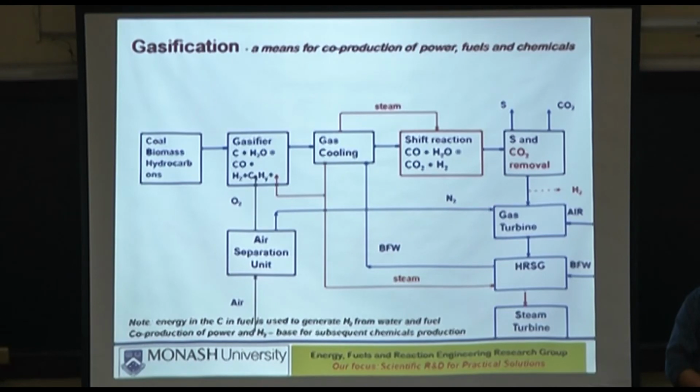In fact, in one of the projects that we are doing in Tasmania at this point, they asked us to deliberately produce tar. So we stayed in the pyrolysis zone. We stayed at about 500 degrees, produced a lot of tar, liquid tar, and then converted it into other fuels.